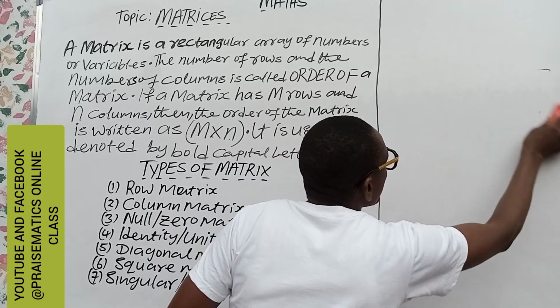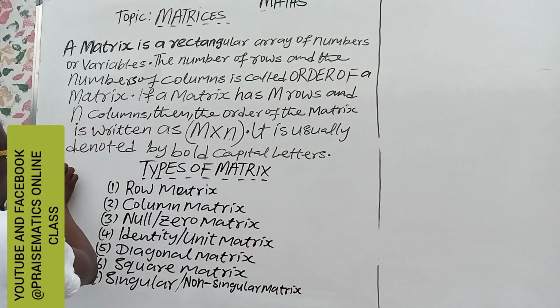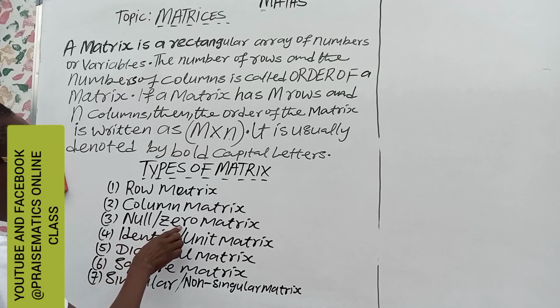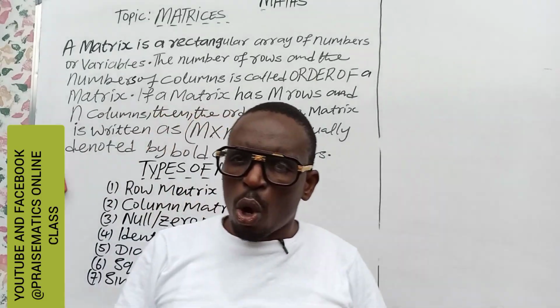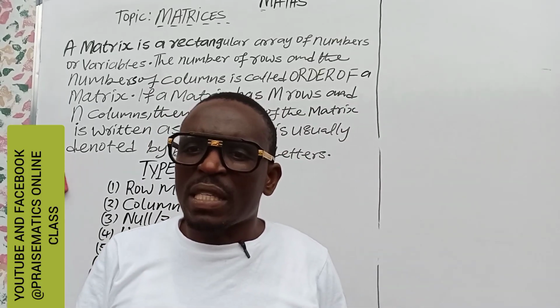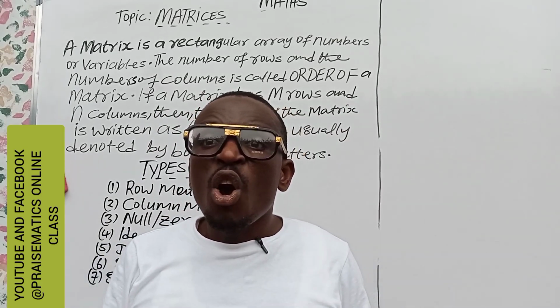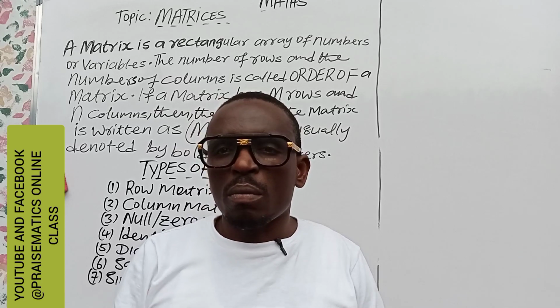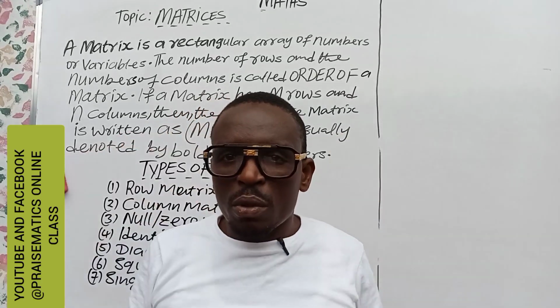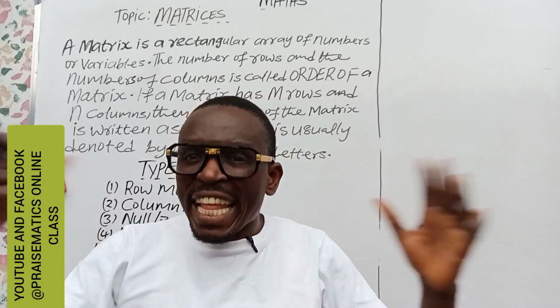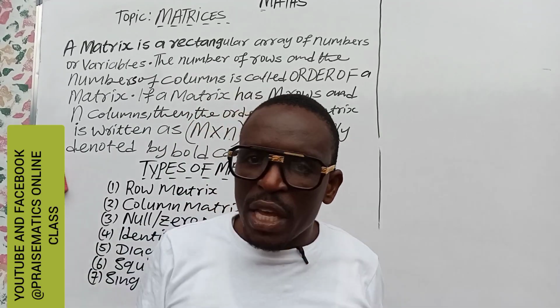Number 3, let's look at the null or zero matrix. What is a zero matrix? A zero matrix, or null matrix, is a type of matrix that contains all zeros. It means that all the entries of the matrix are zeros.